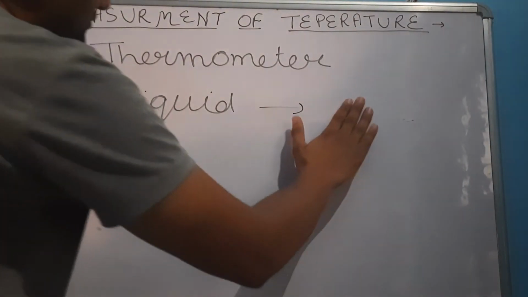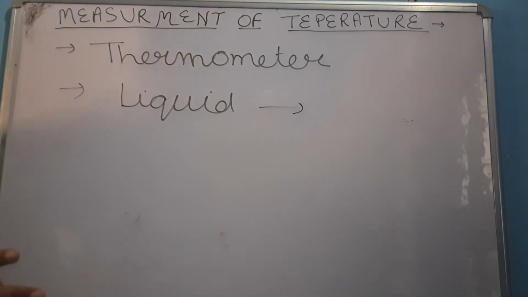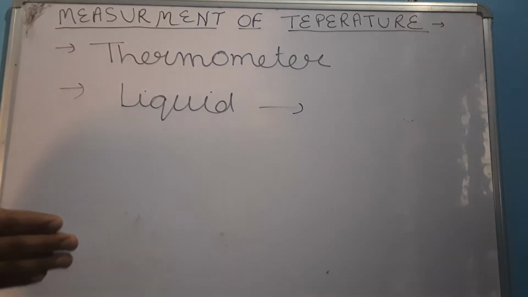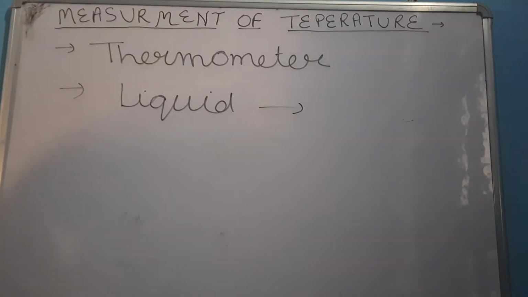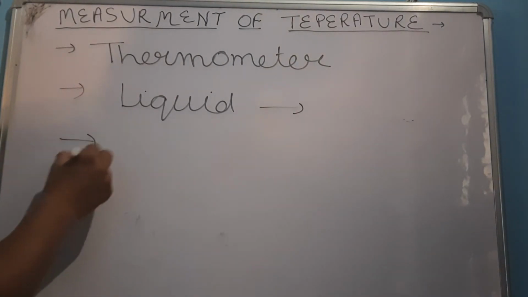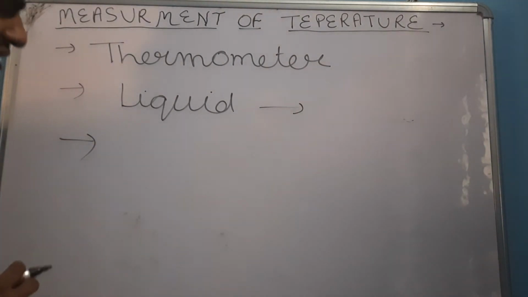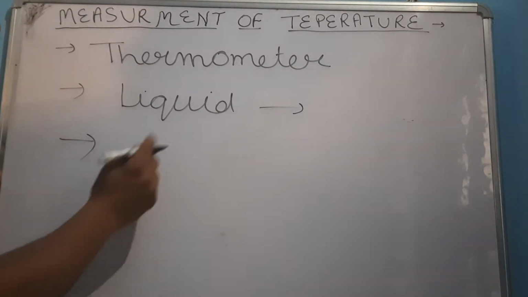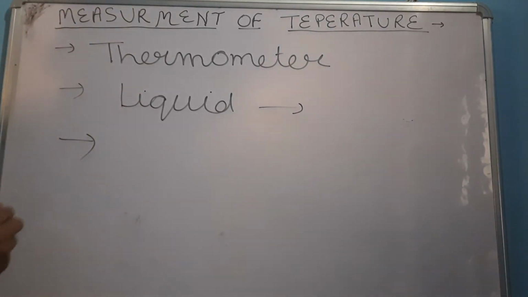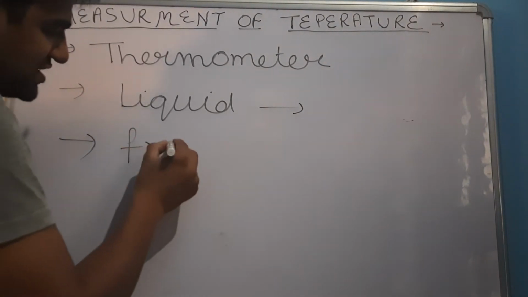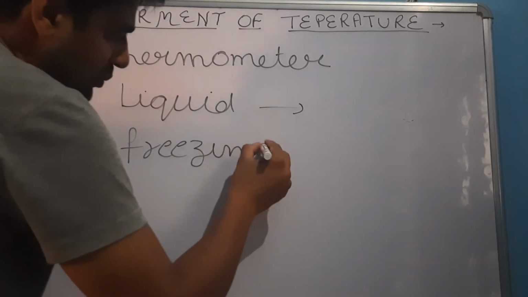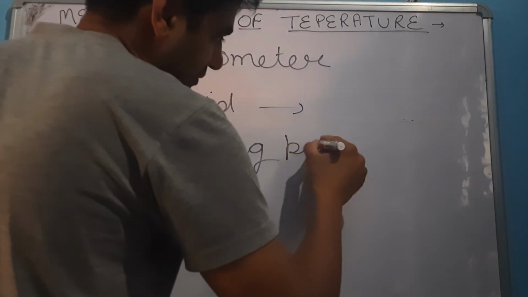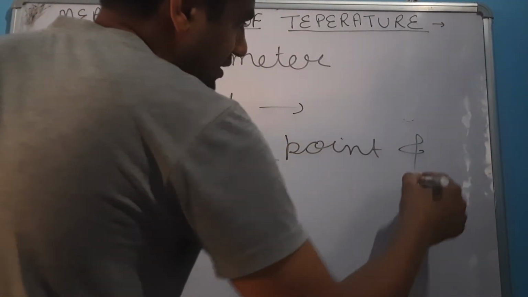So we take two physical phenomena. One is ice, the lowest point, and the highest point is 100 degrees Celsius, that is the vapor form. So the temperature at which water freezes we take as a reference point. Two reference points, that is the freezing point and the boiling point.